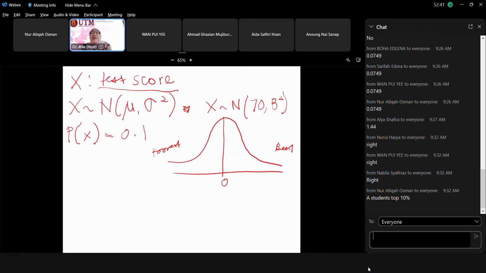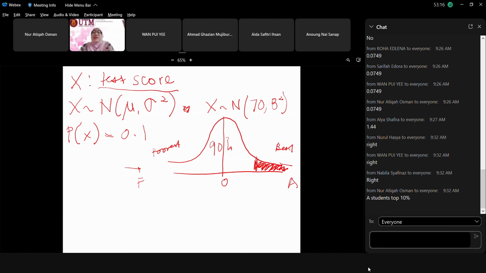As Atika said, all the not-good students will start from the left, those people from F until A. A should be here, so the top 10% should be here, because 90% of the students in the class wouldn't score A. So A is only for special people, so it represents the people on the right side.